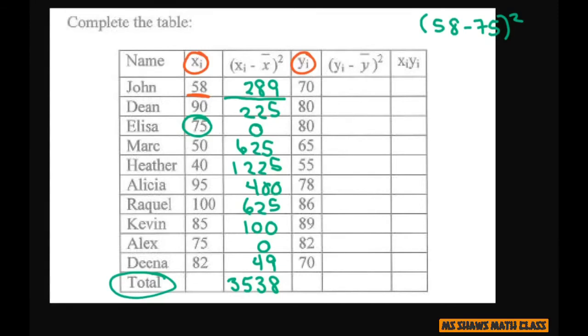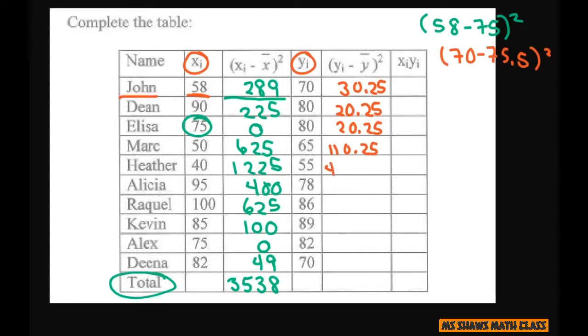Now you do the same thing for your y values. So for this first one, this would be 70 minus 75.5 squared, and that's going to give you 30.25. And do that for all of these. 20.25. This one's the same. This one's 110.25.